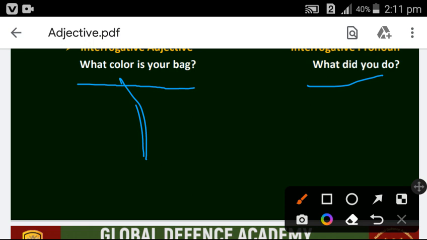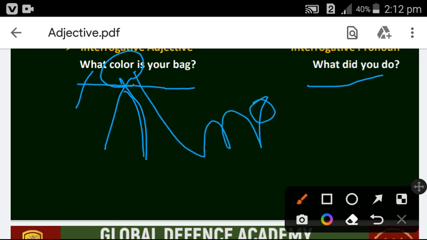Color reflects a noun. Color is a noun. Then what is considered as an interrogative adjective. But here what is not an interrogative adjective. Here what is considered as an interrogative pronoun.